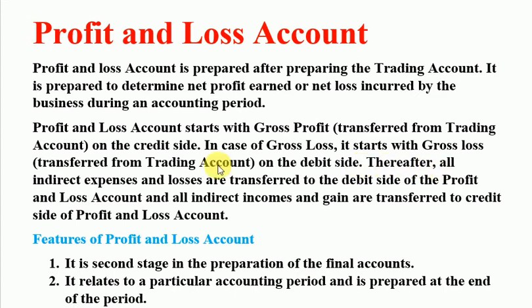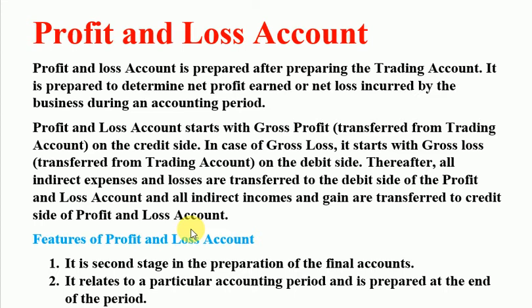Thereafter, all indirect expenses and losses are transferred to the debit side of profit and loss account, and all indirect incomes and gains are transferred to the credit side. As we have already discussed, direct expenses and incomes are totally related to factory and manufacturing expenses.